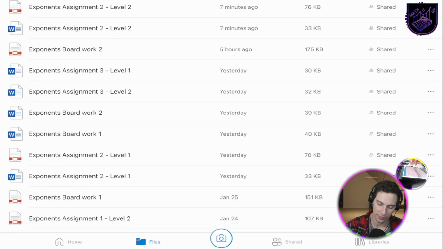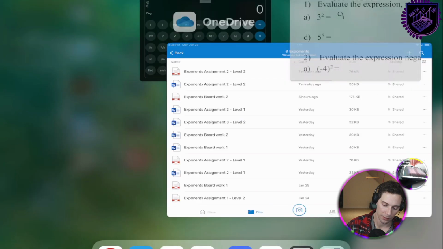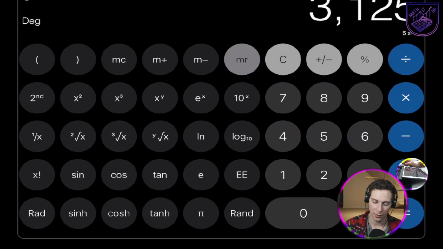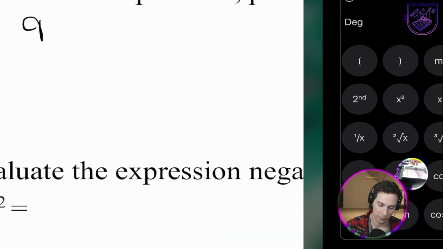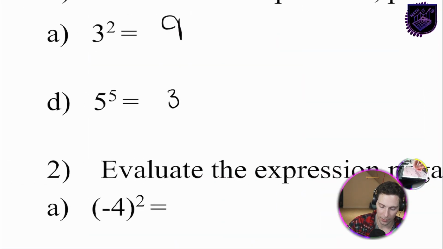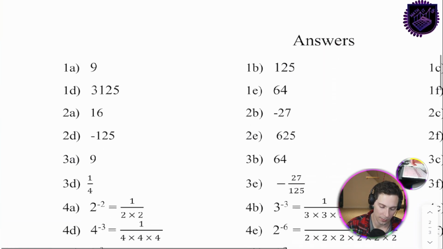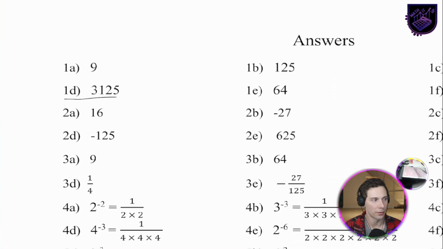And for this one, I'm going to bust out the old calculator. 5 exponent 5, to the power of 5, is 3,125. And of course, we can always check our answer. 1D. Yeah, there it is. 3,125.